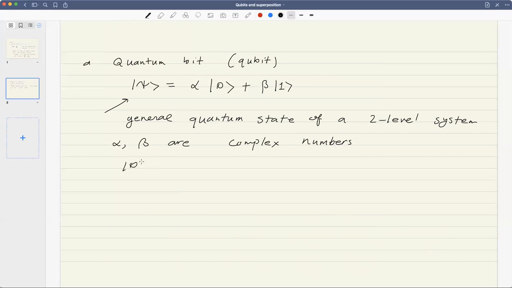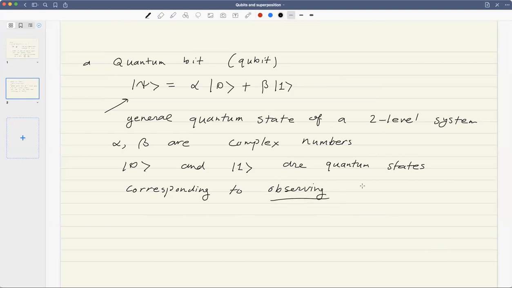And 0 and 1 are quantum states corresponding to observing 0 and 1.